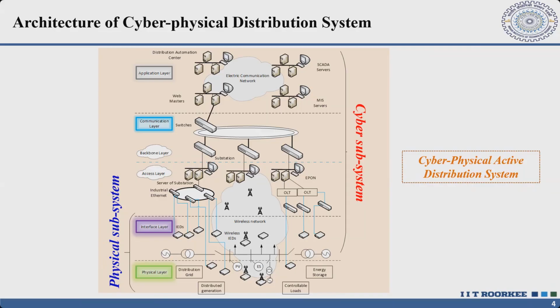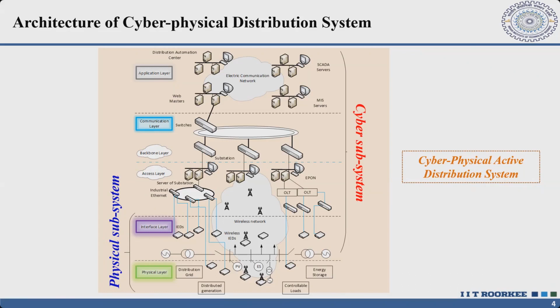For example, it establishes the connection with the smart meter, with DER, and with transformers also nowadays. Real time monitoring of transformers is also there. That part is done in this layer, your interface layer.